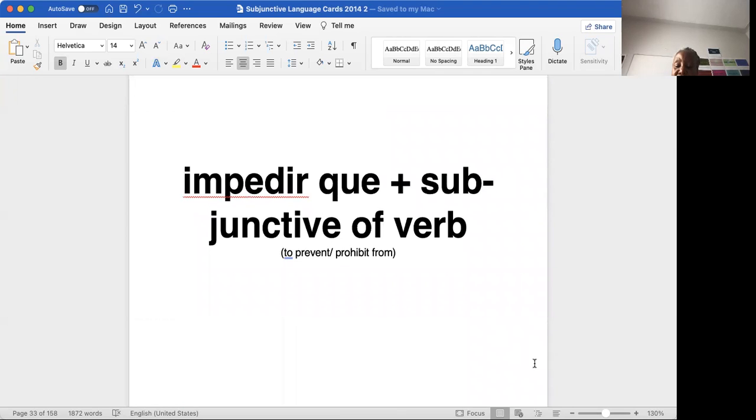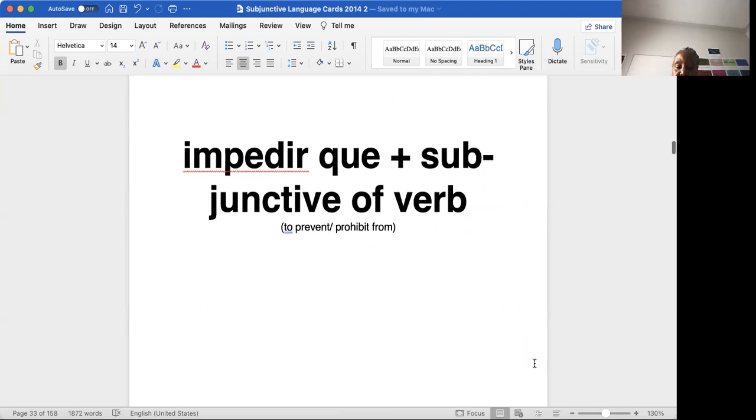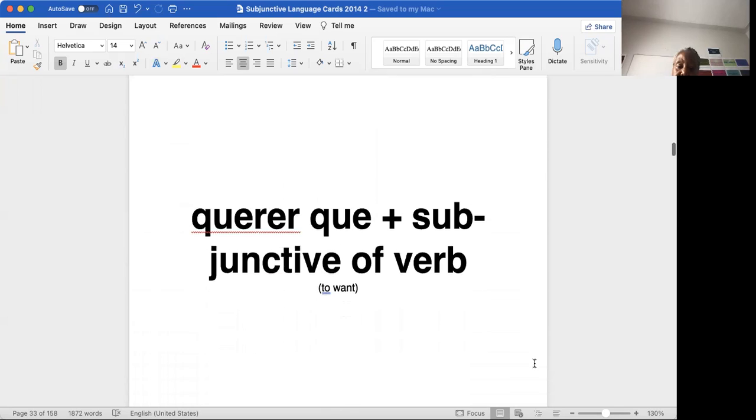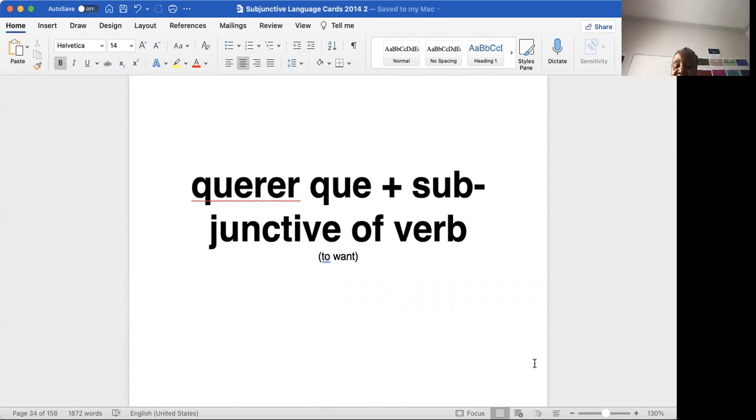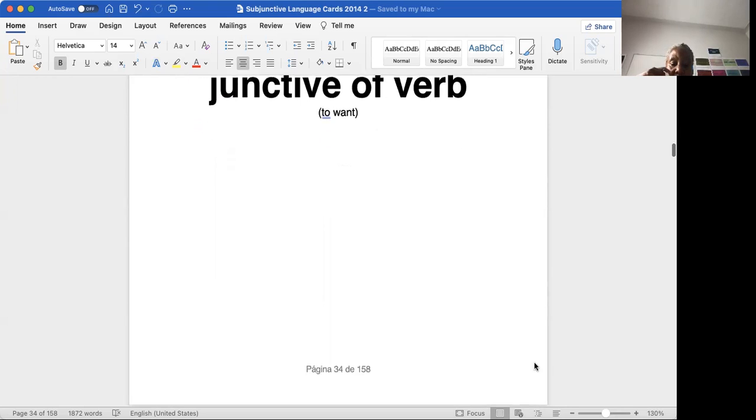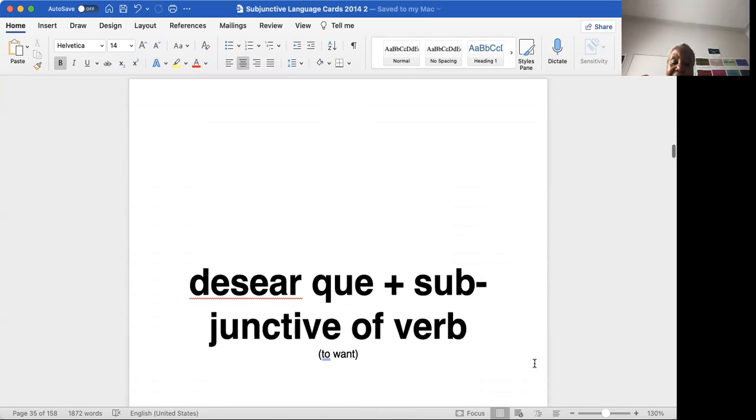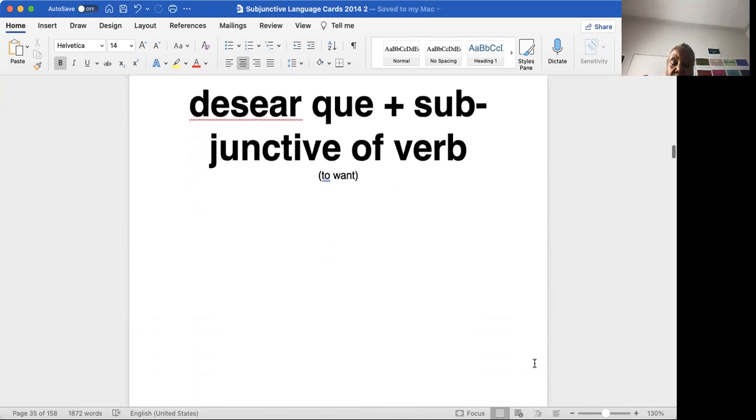Impedir, to prevent or to prohibit. Querer que, this is the verb that I use most when I'm trying to teach the subjunctive, to give the type of sentences or type of expressions. Querer que, want. This is when it's want, not when it's love. Desear que, to want.